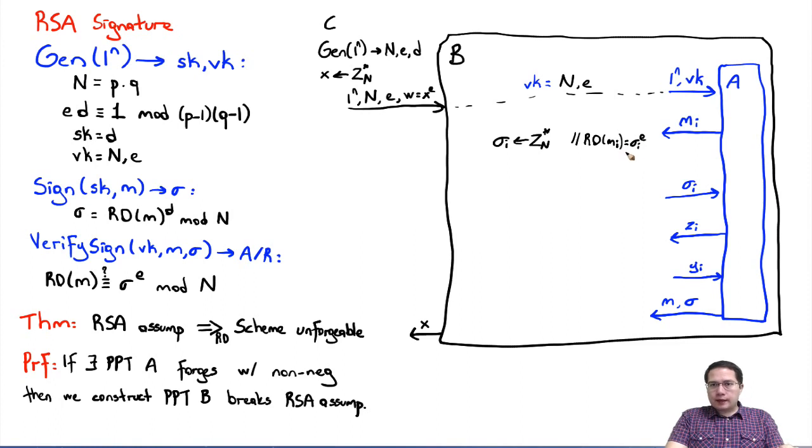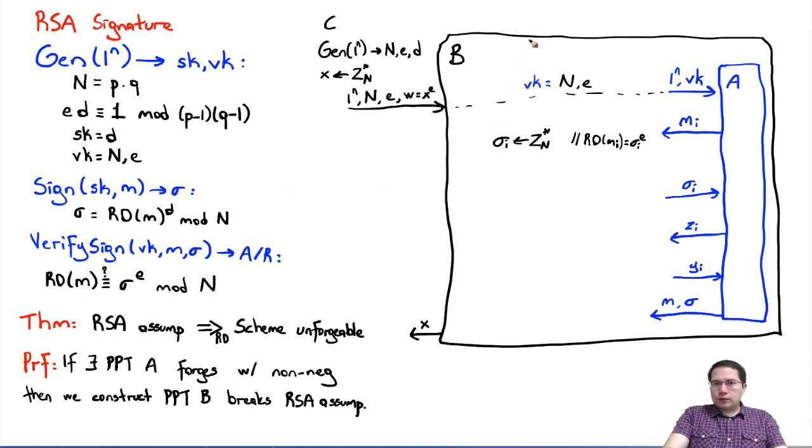Why? If the random oracle of Mi is sigma i to the power E, so here this will return sigma i to the power E, then we are supposed to compute that to the power D. Sigma i to the power E to the power D is equal to sigma i.